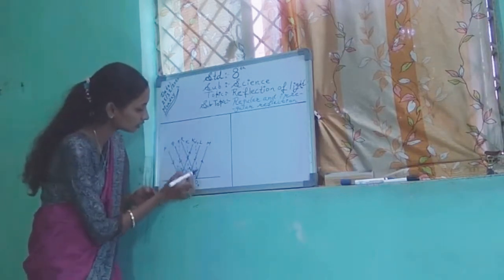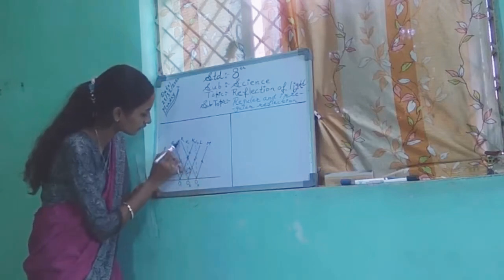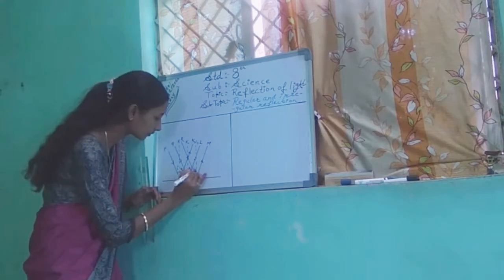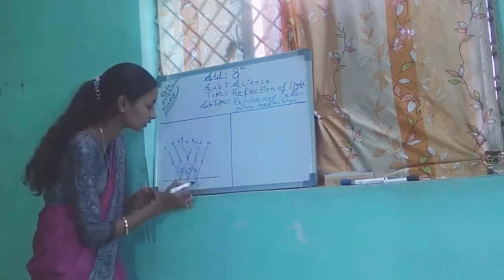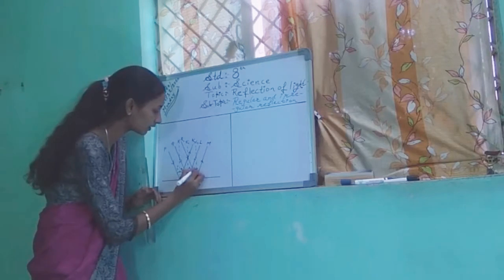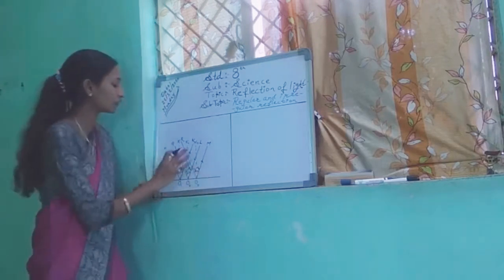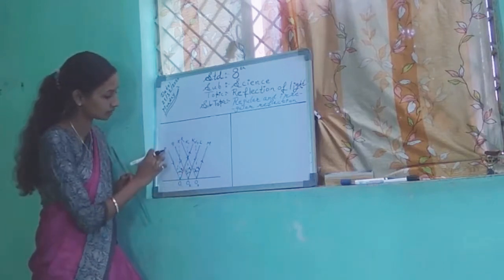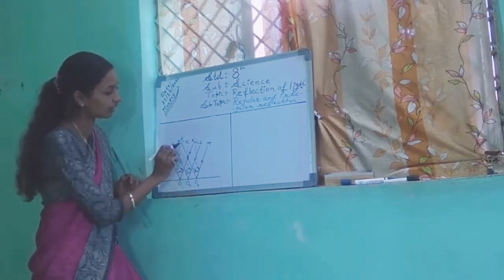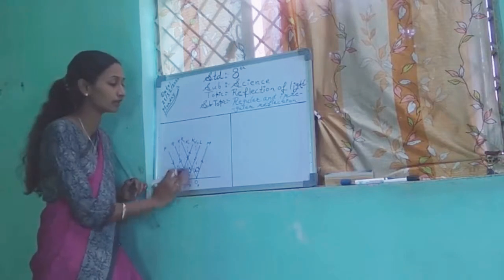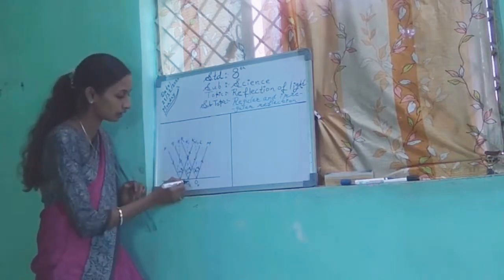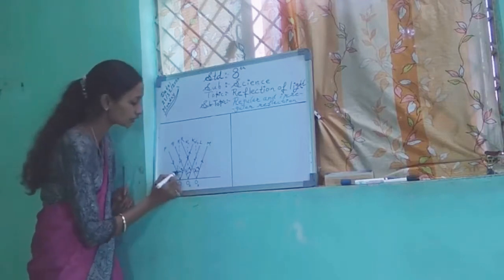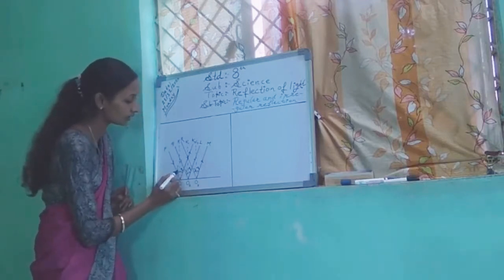Then angle RO3N3 will be angle I3, and angle N3O3M will be angle R3. Here what happened? These lines PO1, QO2 and RO3 are parallel to one another, and KO1, LO2, MO3 are parallel to one another. So these angles will also be the same.